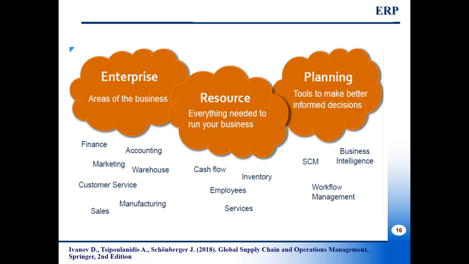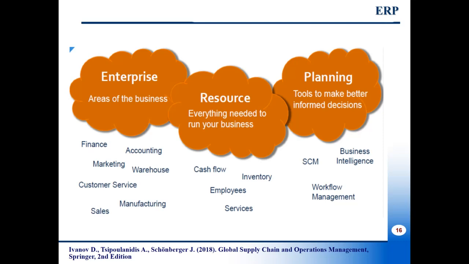So an enterprise resource planning system comprises integrated software modules and a common central database. ERP modules include but are not limited to production management, inventory management, sales, human resources, marketing, and supply chain management.